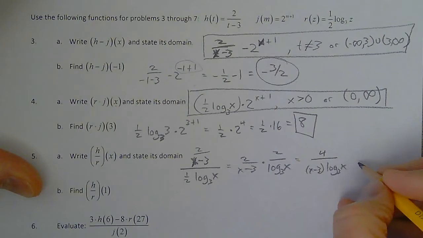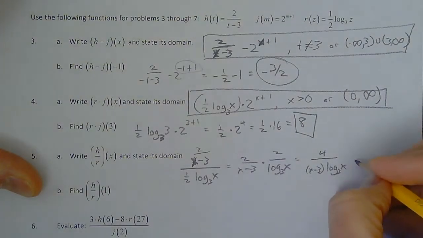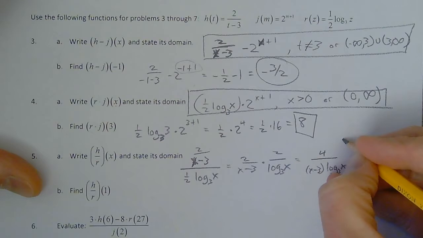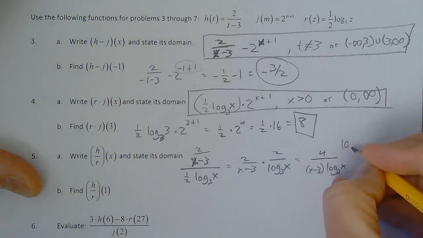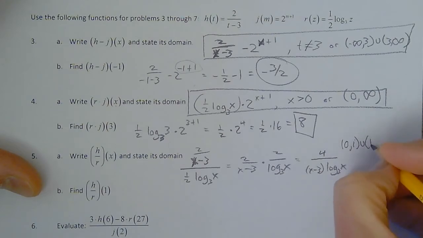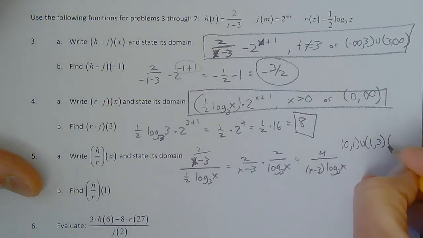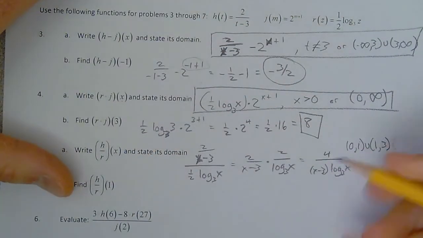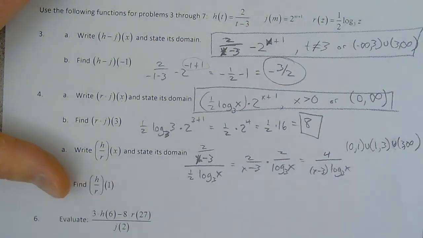So in stating our domain here, we can start at 0 and go up to 1 but not including 1, pick up on the other side of 1, go to 3 but not including 3, and then go from 3 out to infinity.